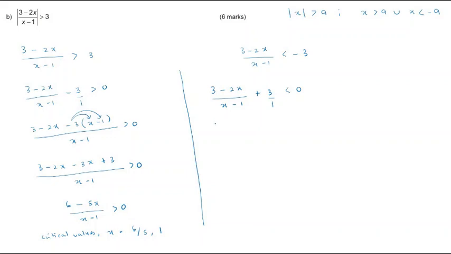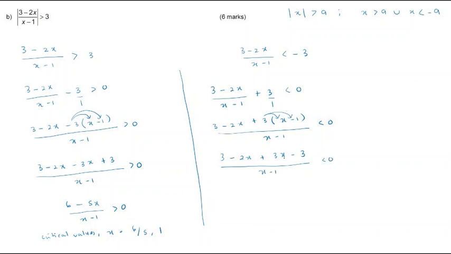Let's do cross multiplication. 3 minus 2x plus 3 multiply x minus 1 over x minus 1 less than 0. 3 minus 2x plus 3x minus 3. So 3x is positive, 3 and negative 1 is negative.